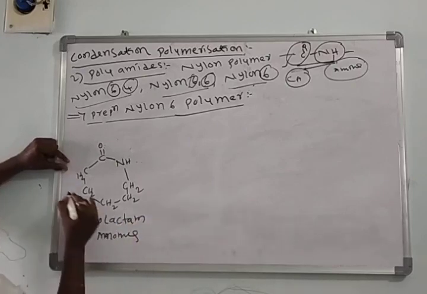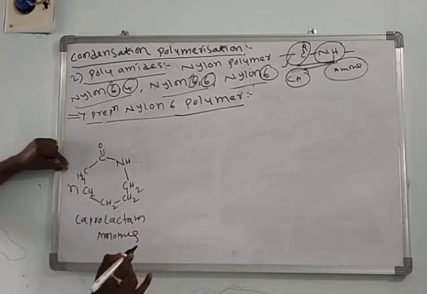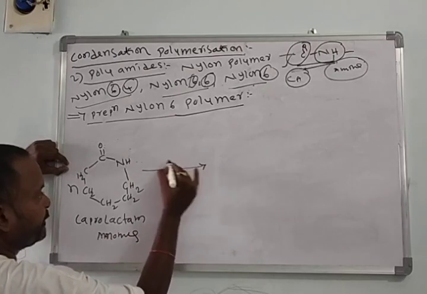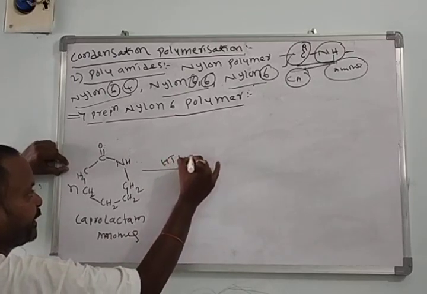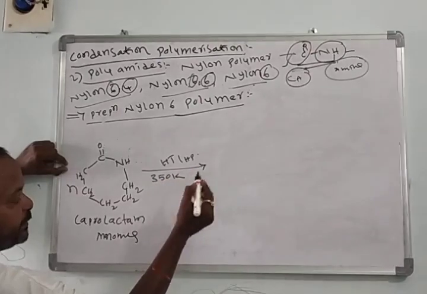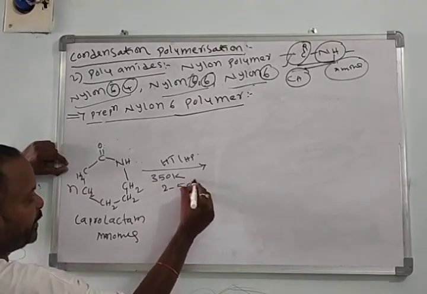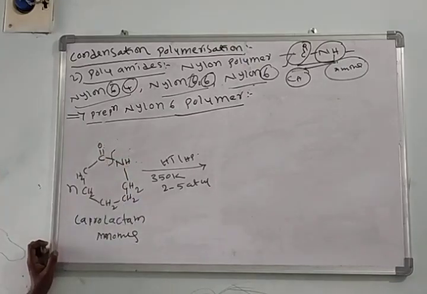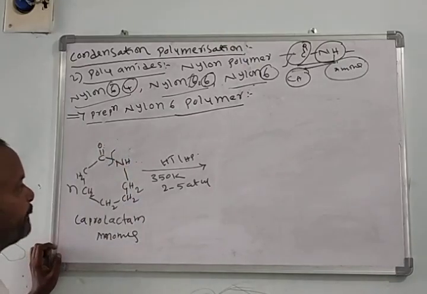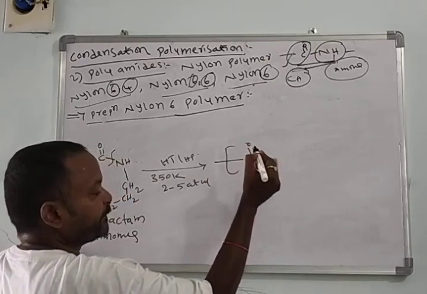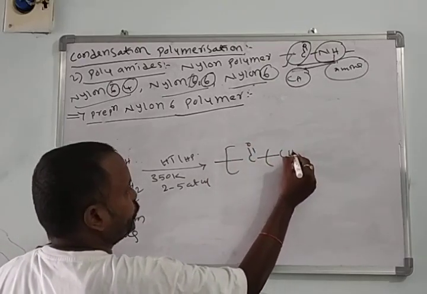A number of caprolactam molecules are involved in the polymerization at high temperature, high pressure, nearly 350 Kelvin temperature and 225 atmosphere pressure. What happened? This bond will break down and forms C double bond O like this, and here CH2.